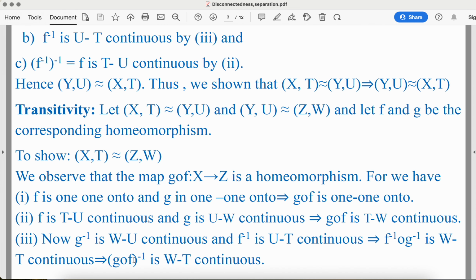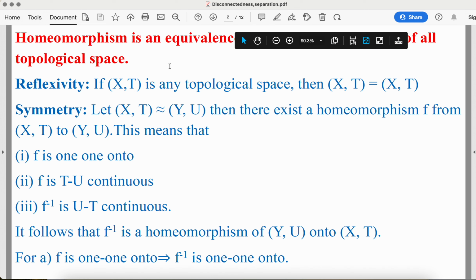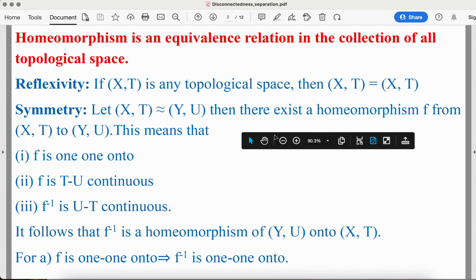So we have shown that homeomorphism is reflexive, it is symmetric and transitive. It means homeomorphism is an equivalence relation in the collection of all topological spaces.